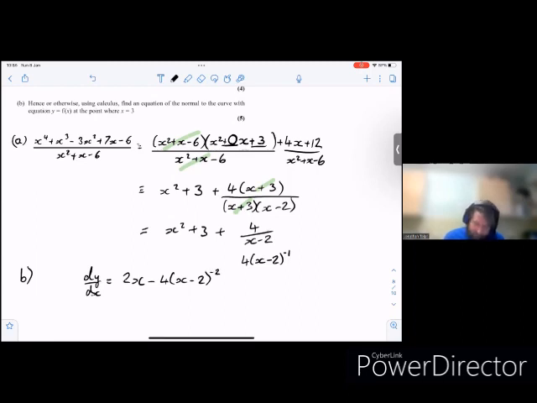We want that value when x is 3. So dy by dx at the point where x equals 3 is 6 minus 4 times 1 to the minus 2, which is 2.